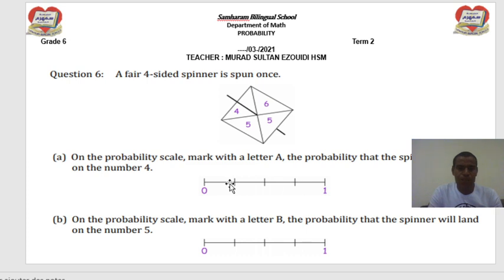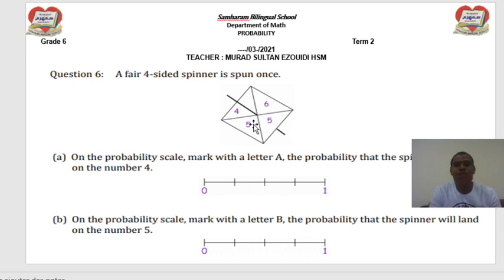Small question B, we have the same probability scale from 0 to 1. On the probability scale, mark with a letter B the probability that the spinner will land on the number 5. This is the spinner. How many 5s do you have?